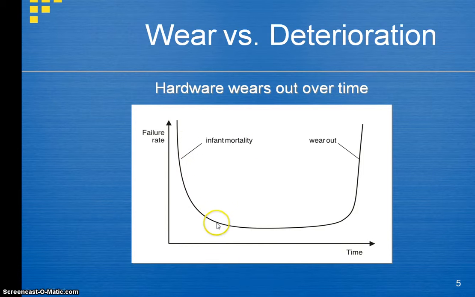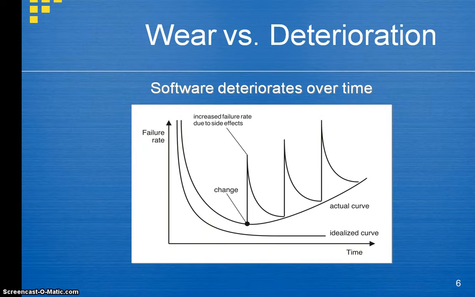Initially it will be high, and over the period the failure rate is somewhat lesser. It will be going constant. Once the deterioration period comes, it starts to deteriorate. The failure rate increases. So we call it a bathtub curve. That is meant for hardware devices.